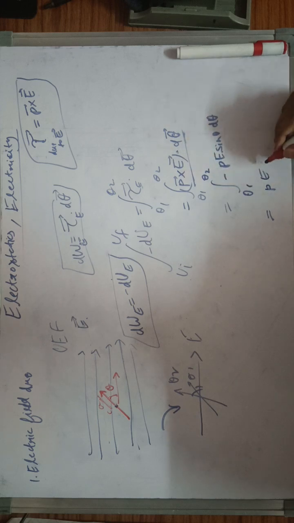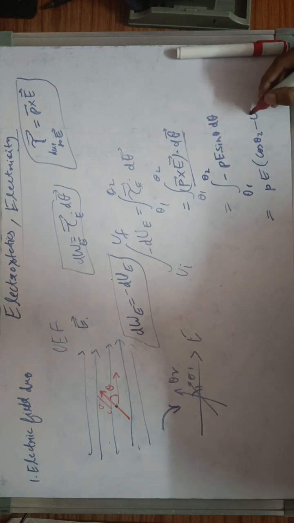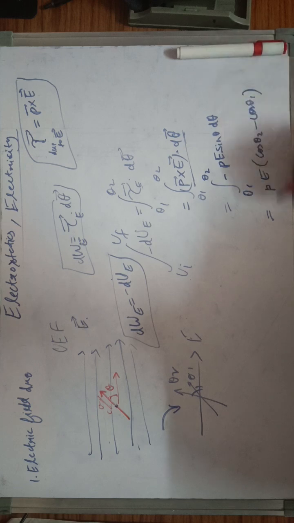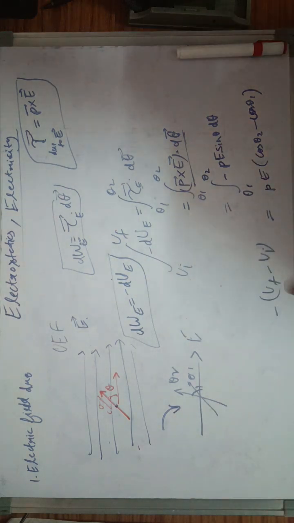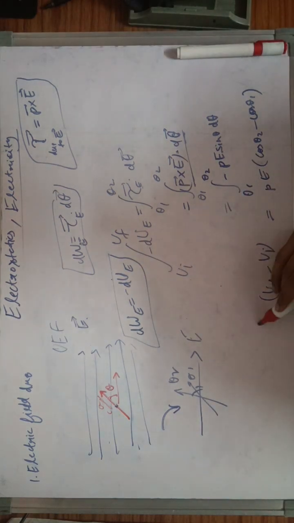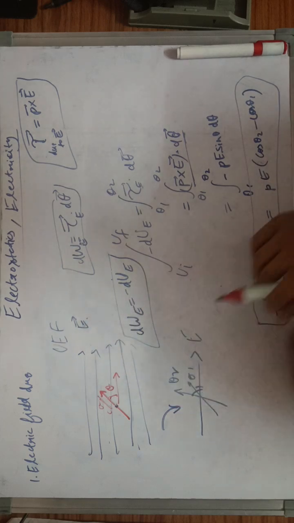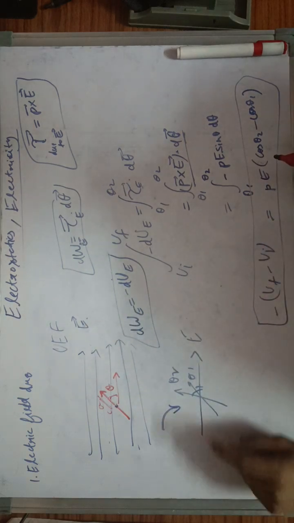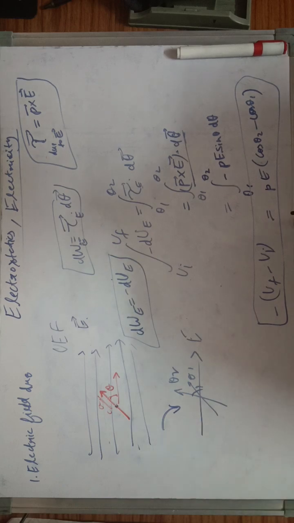Minus into minus will give plus, and in brackets cos θ2 minus cos θ1, that is equal to U final minus U initial. So this is the equation of the work done in the case of rotation in a uniform electric field.